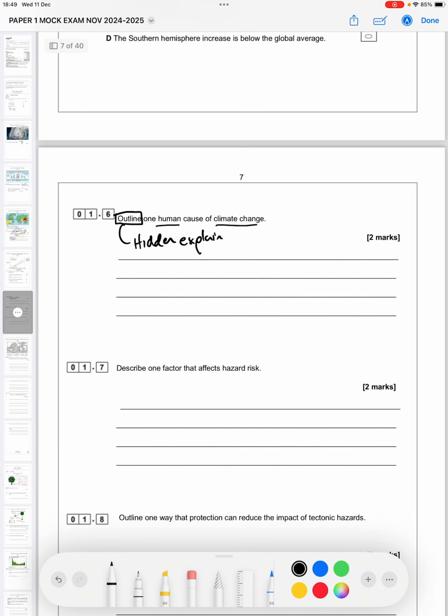So, then we've got 2 marks. So for that, we are thinking about things like industry. You could talk about farming. You could talk about power. Okay, so many things you could talk about there.